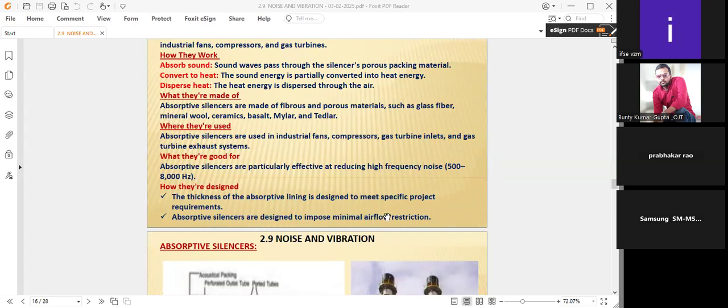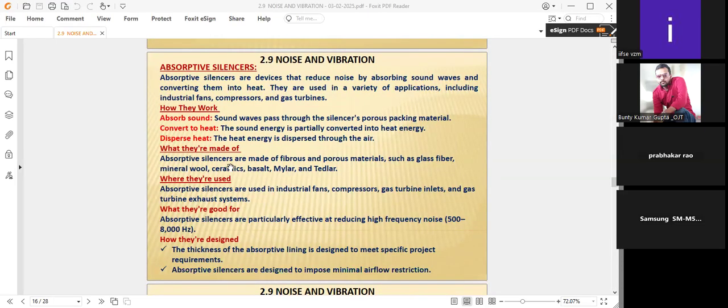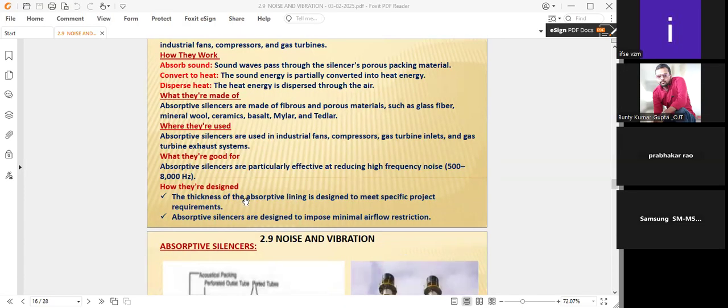Therefore, where the airflow is less and the frequency is more, we have to go for absorptive techniques. Reactive and absorptive may be useful, okay, but they are not suitable for your workplace equipment.